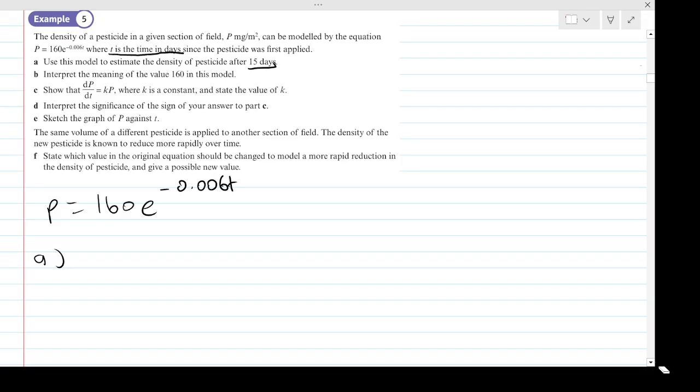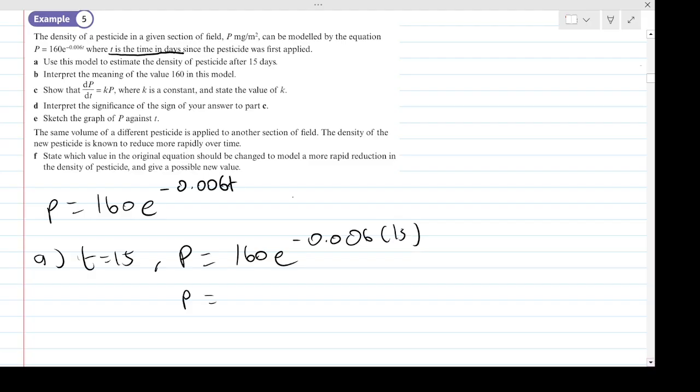So after 15 days, we're going to substitute t equals 15. When t is 15, P is going to be 160 e to the negative 0.006 times 15.